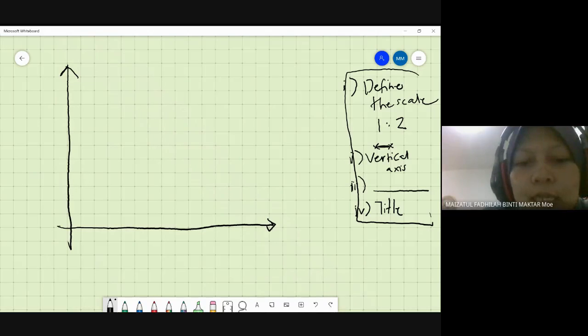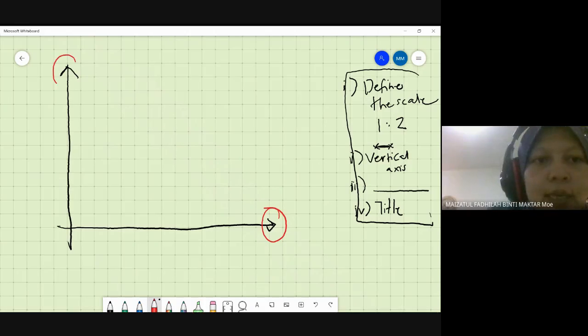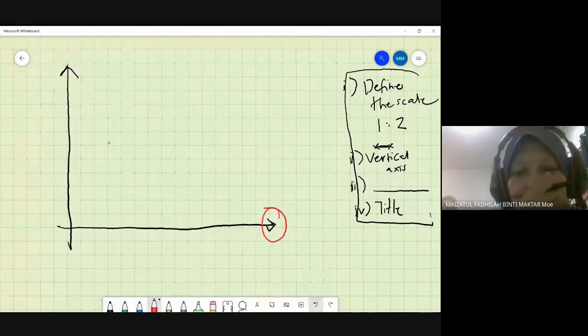It's also very important that it must have an arrow like this. If you do not draw an arrow at the end of the horizontal axis and the vertical axis, you will lose a mark also. So please be careful of that.